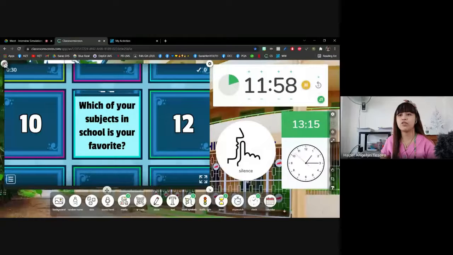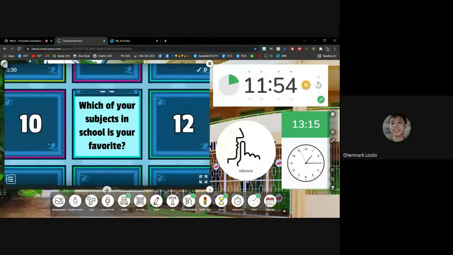Which of your subjects in school is your favorite? Ma'am, I can confidently say po that my favorite subject in school, even when I was still young until now, is mathematics po. Since when I was grade 1, I got attached to that subject.